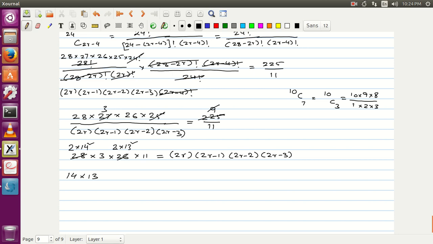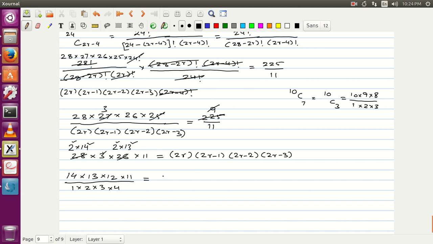Now what is 3 times 2 times 2? It is 3 times 4. So 3 times 2 times 2 is equal to 12, and we have 11. And let us also divide this by 1 times 2 times 3 times 4.